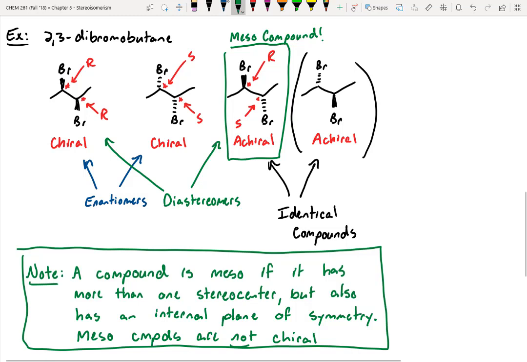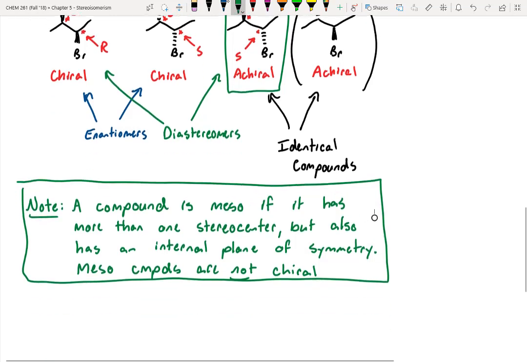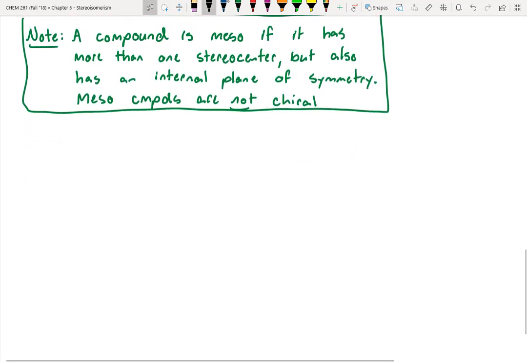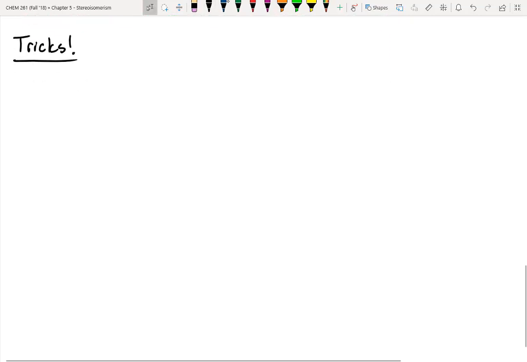So I did want to show you a few tricks for identifying diastereomers versus enantiomers versus meso compounds. These are pretty reliable. However, the ultimate check is that mirror image check. So I'll give you some of the useful tricks. For enantiomers, it's pretty easy.